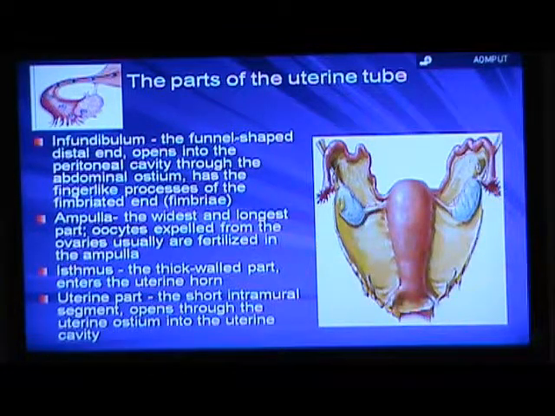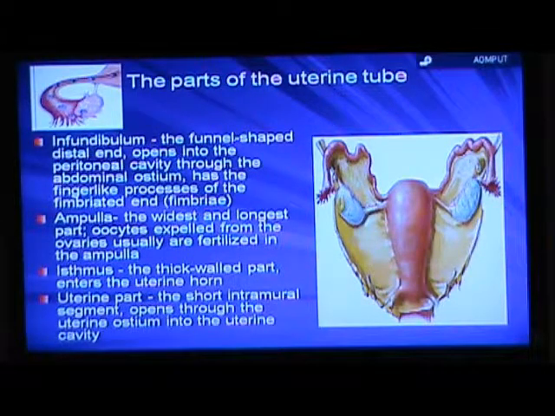I told you that, for example, bacteria can run through the vagina, through the uterus, through the uterine tube, and can reach the abdominal cavity, because the uterine tube opens to the abdominal cavity, to the pelvic cavity.